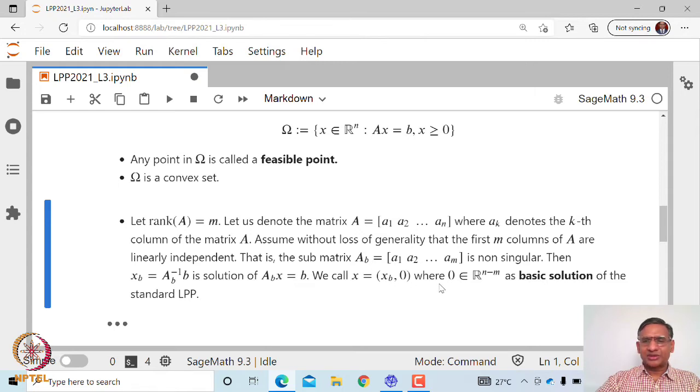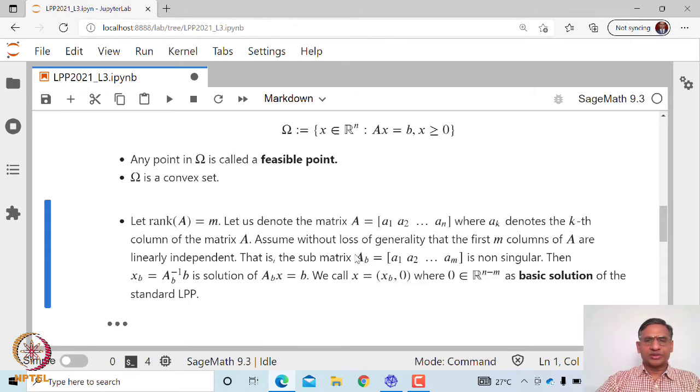And that is what is called a basic solution of this standard linear programming problem. So what is a basic solution? It is just obtain xB, which is AB inverse b, and then append to this the remaining n minus m components, or coordinates, as 0.